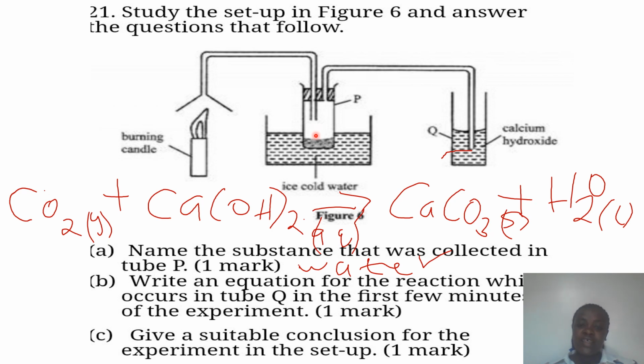That will be the test that the liquid formed here is water, and in test tube Q we are going to see a white precipitate, meaning that carbon dioxide is formed here, and when it reacts with calcium hydroxide it forms a white precipitate. So we can conclude from the experiment that when we burn a candle, the products formed are carbon dioxide and water.